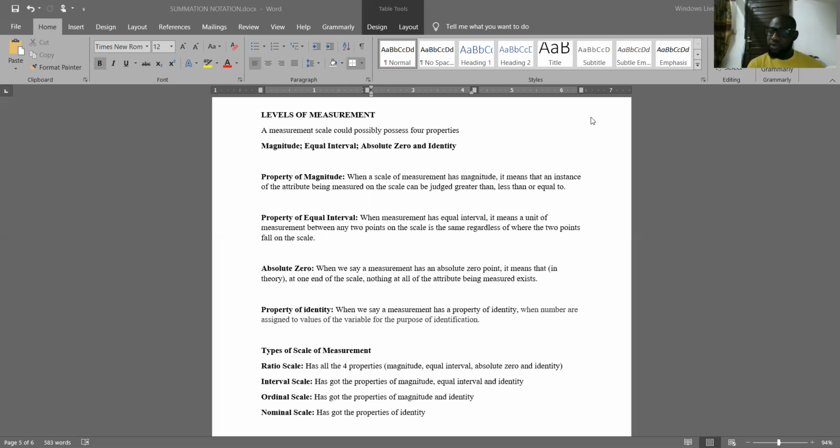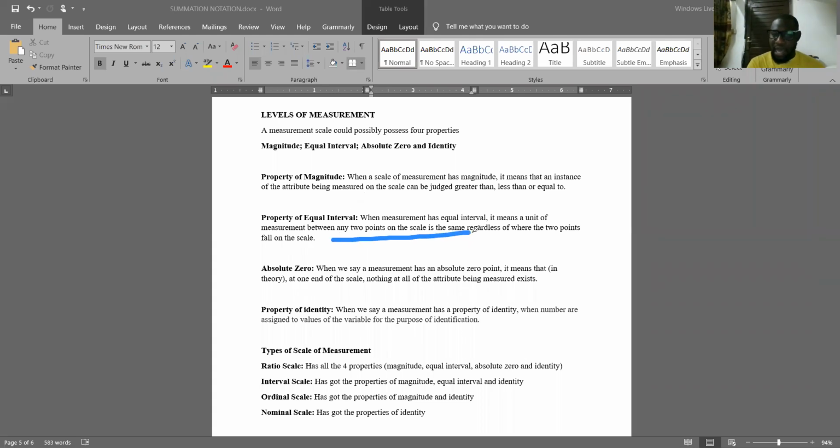The next thing has to do with property of equal interval. With property of interval, what we are saying is that the unit of measurement between two points on a scale is more or less the same, regardless of where it falls. A typical example is length.